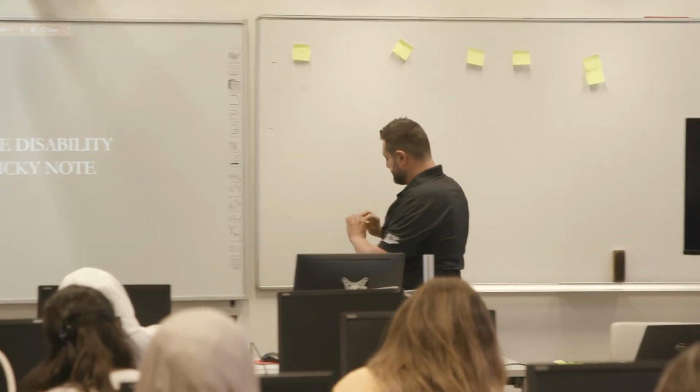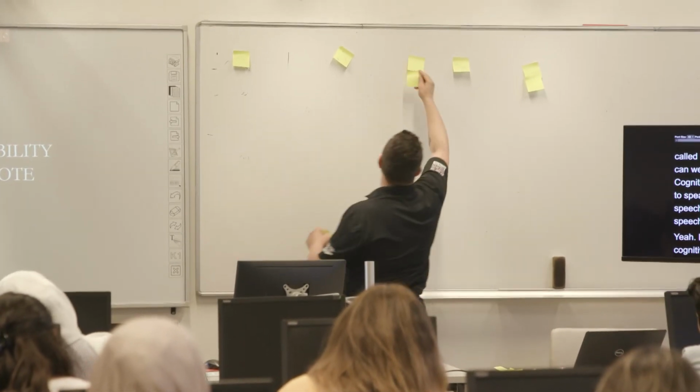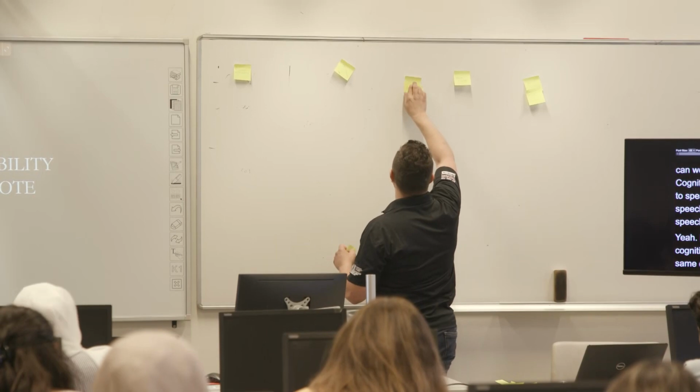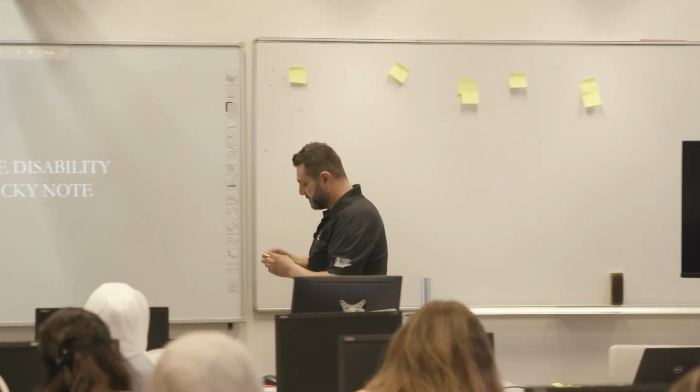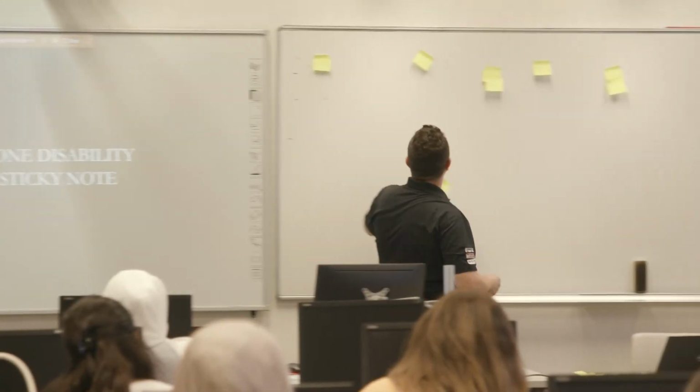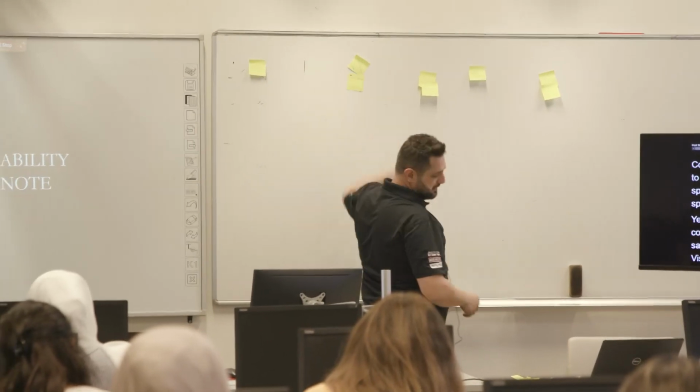Visual impairments. Under the visual disability, blind and visual impairments. Being paralyzed goes under physical.